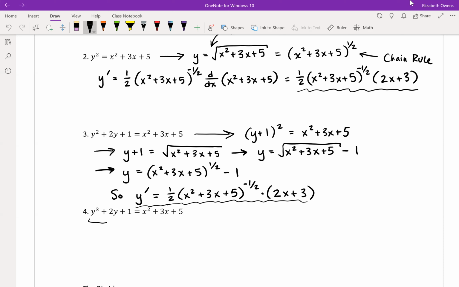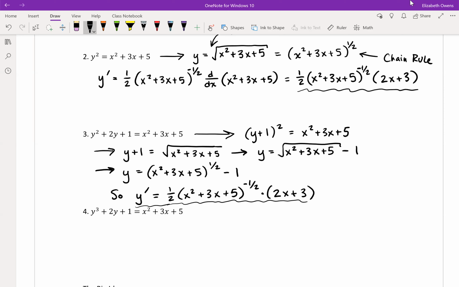But this left-hand side is no longer so nice. It's not really factorable in a good form like we had in number 3 here. We can't do that anymore. So this actually becomes a very, very messy equation if we try to solve it for y.